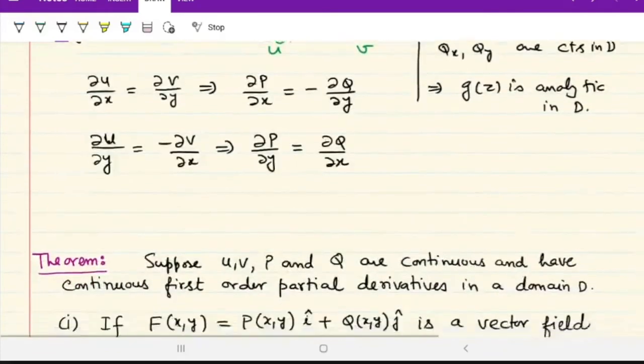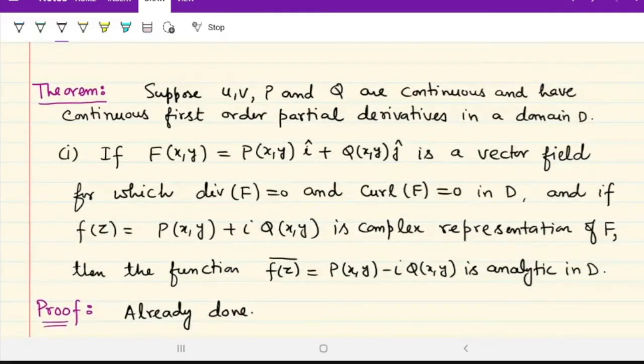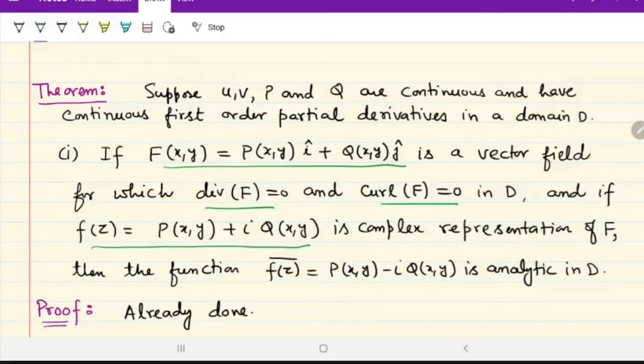So this is the precise statement of the theorem. If we are given a velocity field capital F, which is incompressible and irrotational, and if small f is the complex representation of capital F, then the conjugate of small f is an analytic function in the given domain D.